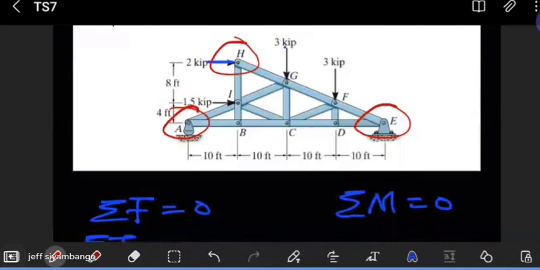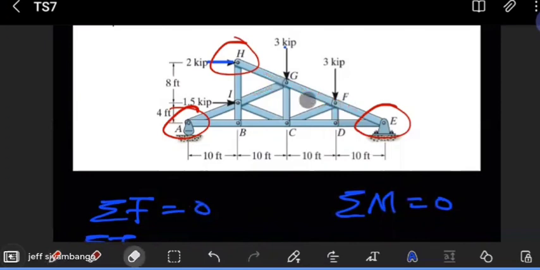The idea here is your starting point must have at most 2 unknowns, not 3, just 2 in this case. So you want to avoid points like G, because at G you will have too many unknowns. This will be an unknown, this will be an unknown, and so on. F will be the same as well. All these will not be known.